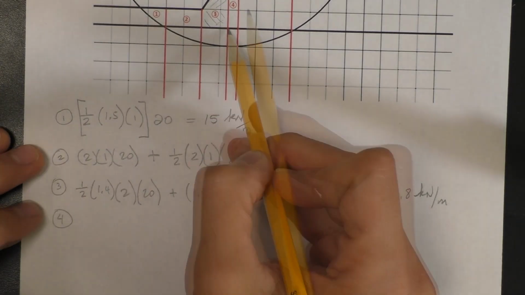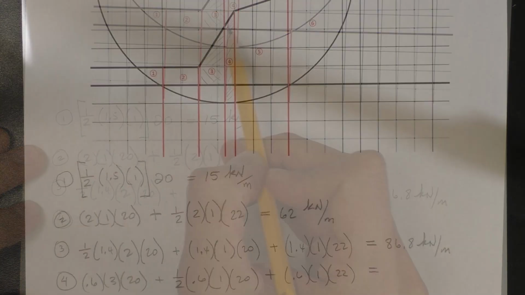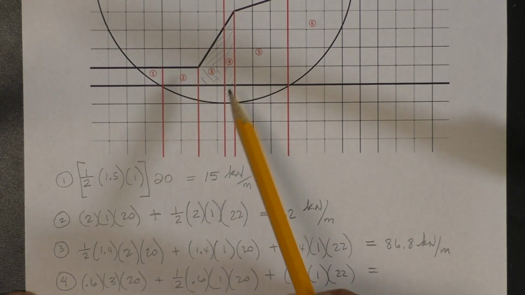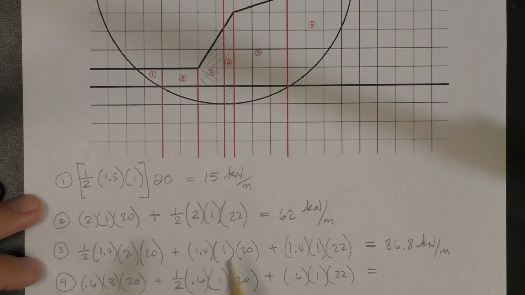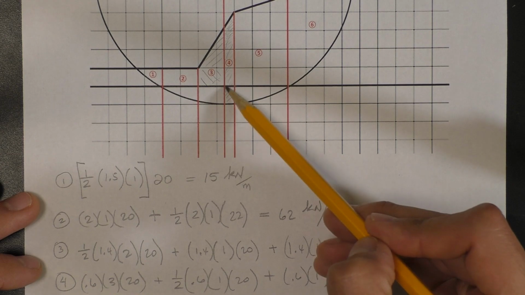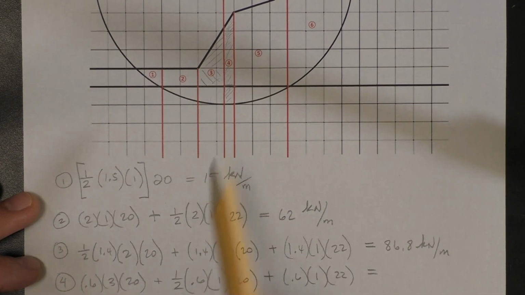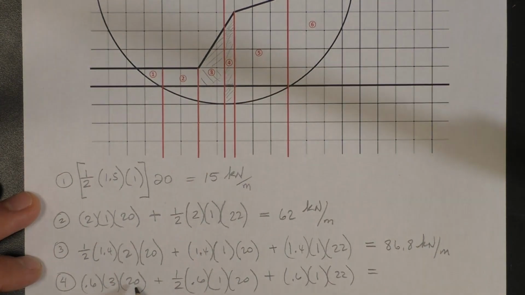Number 4, 0.6. If this is 0.4, then this is 0.6. I apologize, this wasn't on the screen, so let me just tell you what I did here. First, I calculated the area of these 3 little blocks here. So 0.6, which is this, times 3, that's that rectangle, times 20 kilonewton per meter cubed.